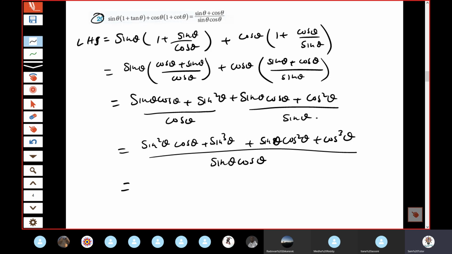The only thing you know at this stage really is sine squared is 1 minus cos squared. So that's what I'm going to do, times cos. Don't change the cube because you can't do anything with it. Change cos squared again to 1 minus sine squared.